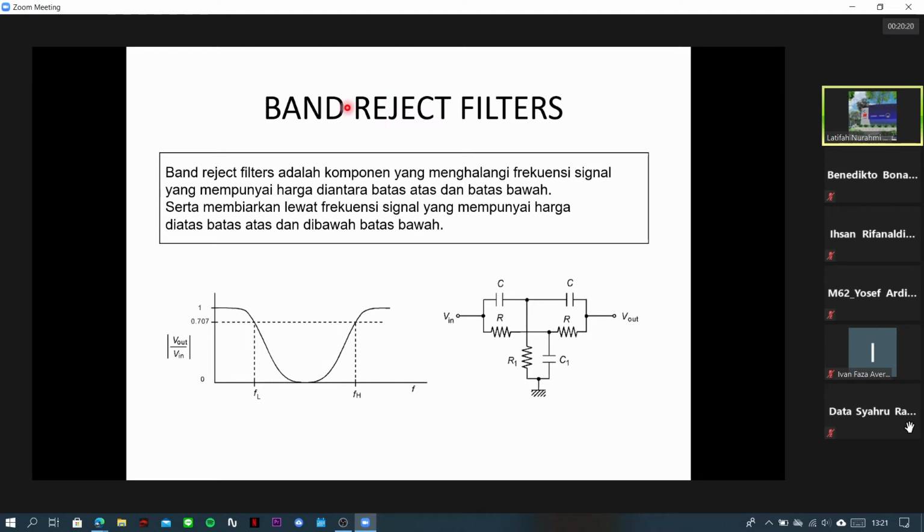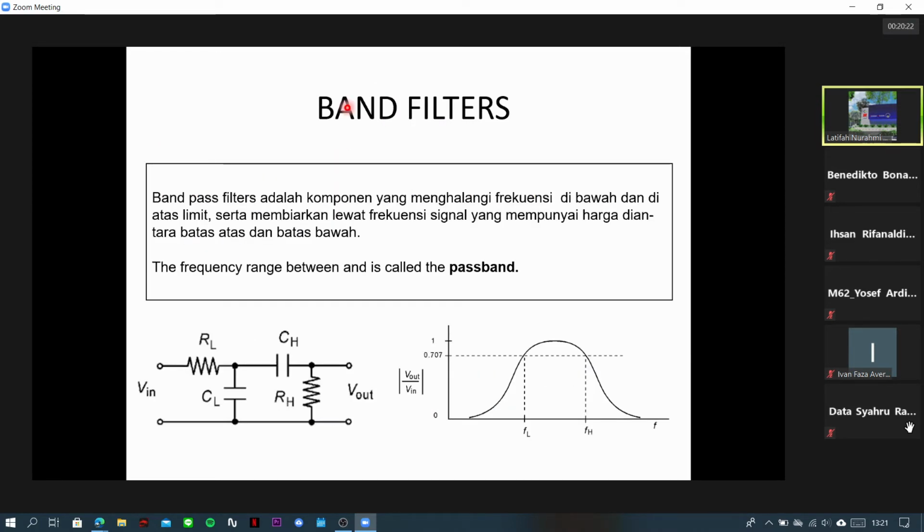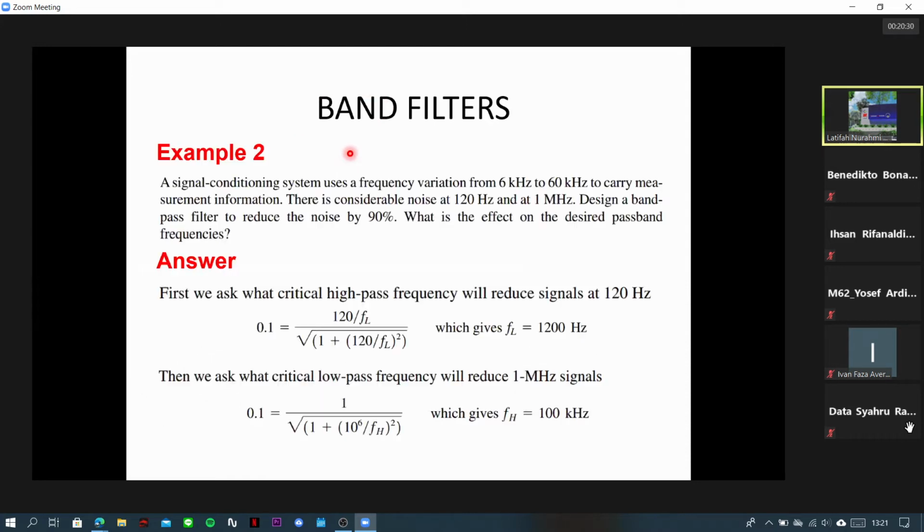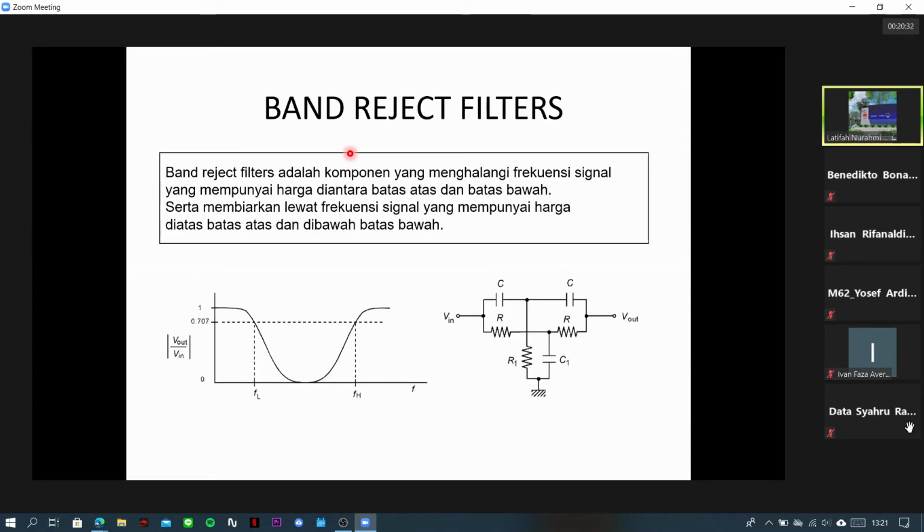So if you see these band filters, it means we take only the passband in between. But when we come to the number 4 filter, type number 4, band reject filters, we reject what is in between.